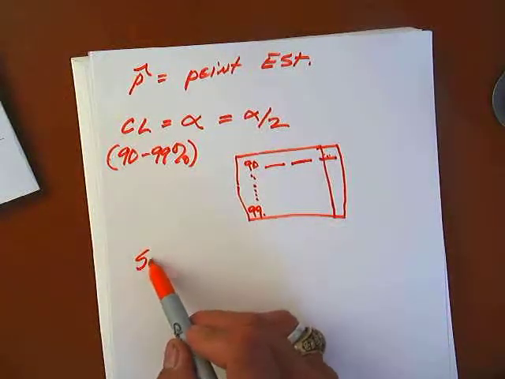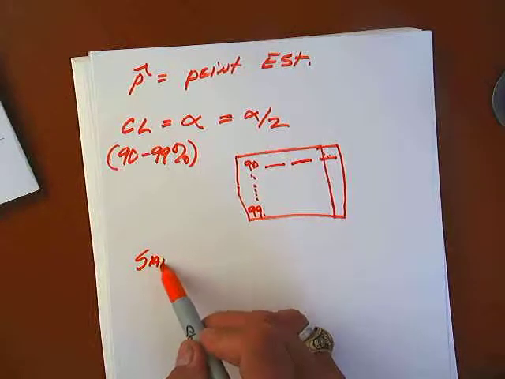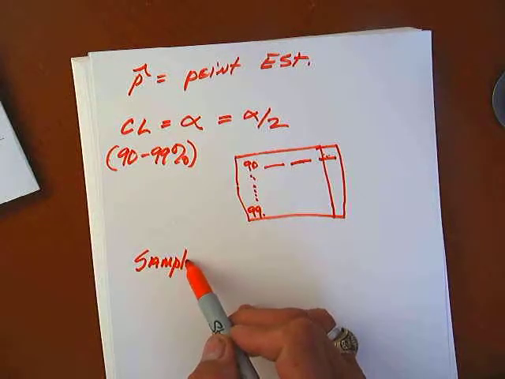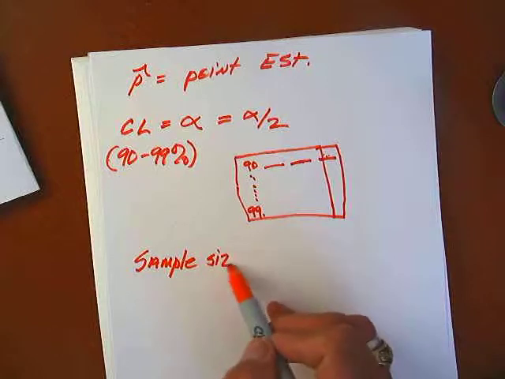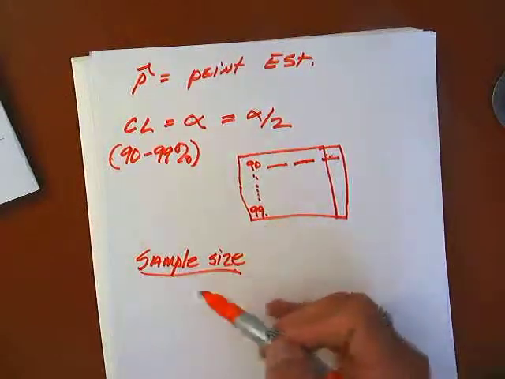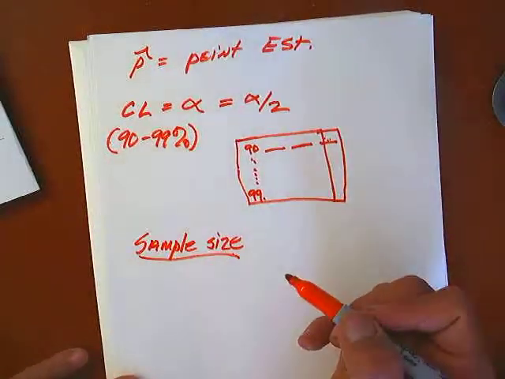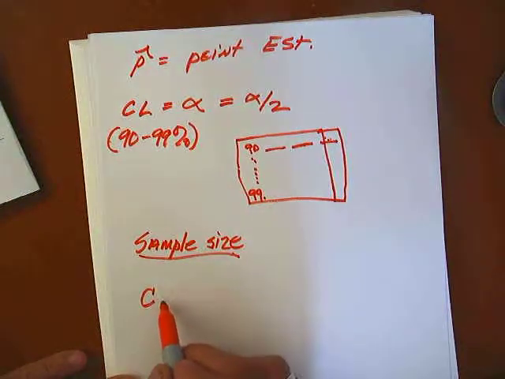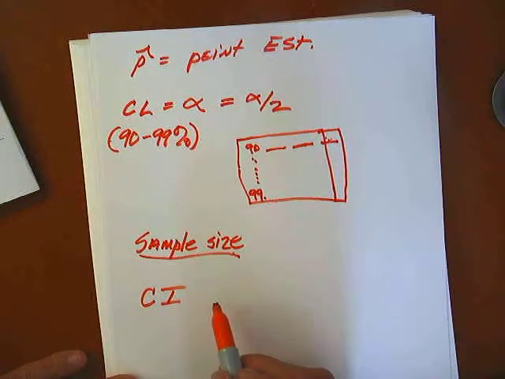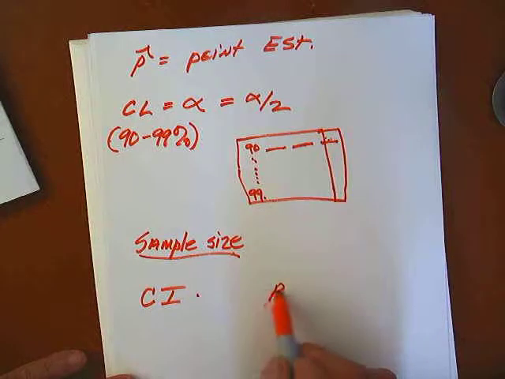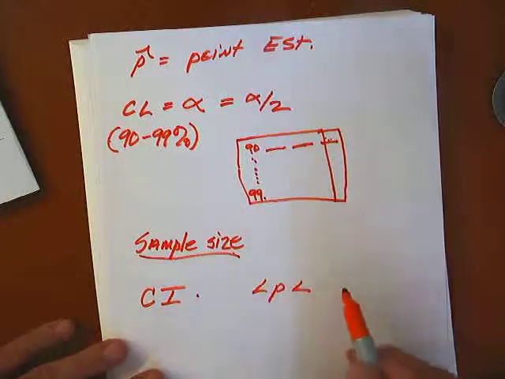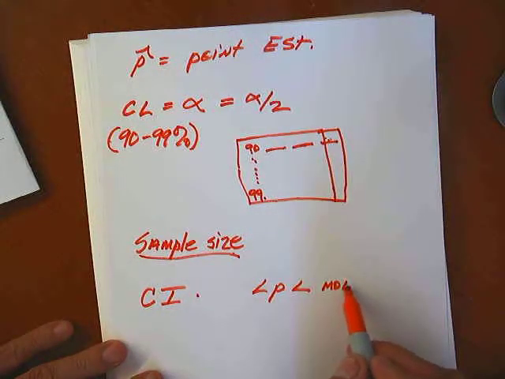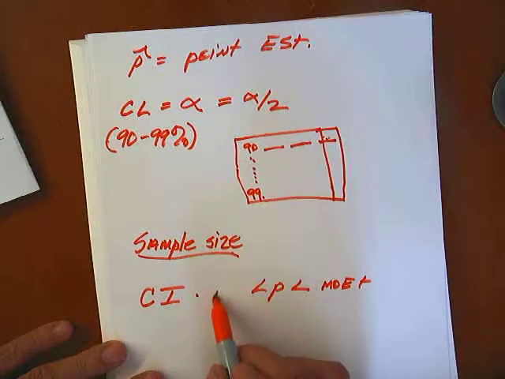So I would highly suggest that you make a card, put 90 and go down to 99%, and give the alpha over 2, and maybe even the z-score for that alpha over 2, so you'd already have all of that information on the card. That's one thing that I would do.